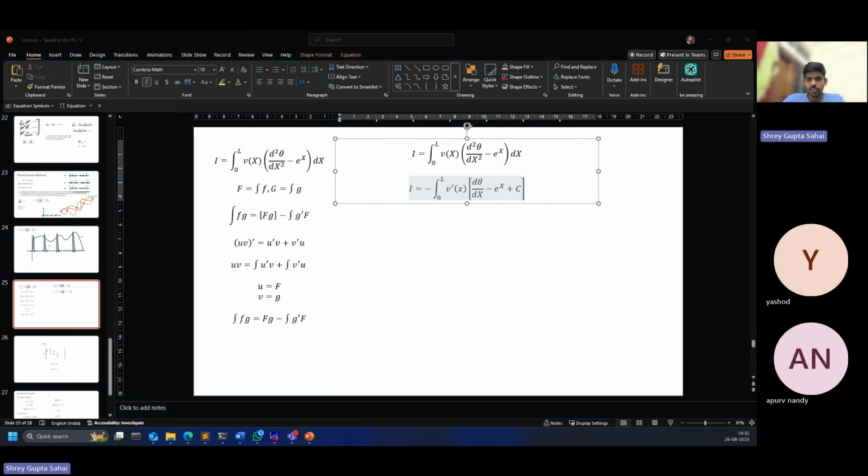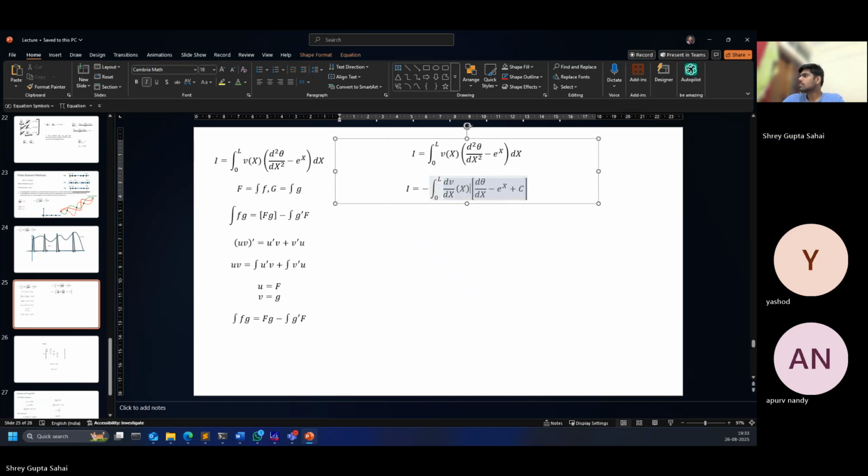Let me just check if I have made a mistake. Yeah, this one is fine. Okay, what else? This one is okay. I'll write dv by dx. I think this one is okay.